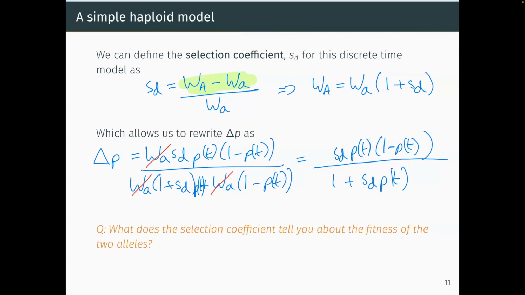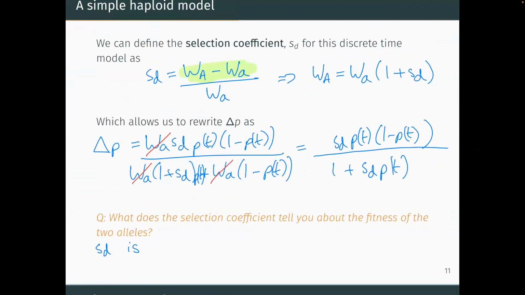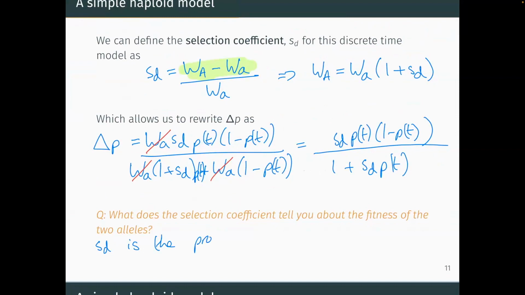In terms of what it is, we can think of this as being the proportional difference between these two things in relation to our little a allele. So if I was to write this in words, I would say that SD is the proportional difference in fitness between the two alleles.